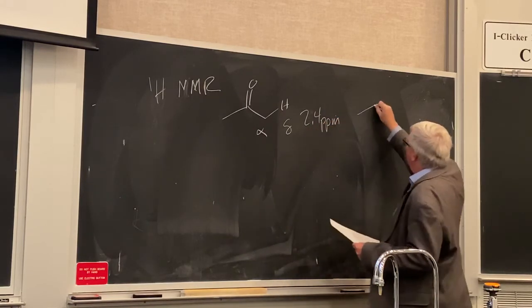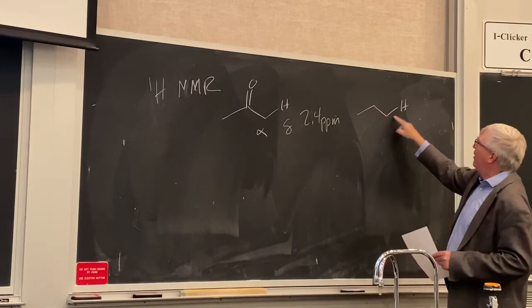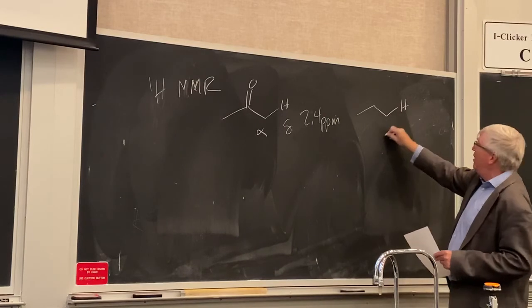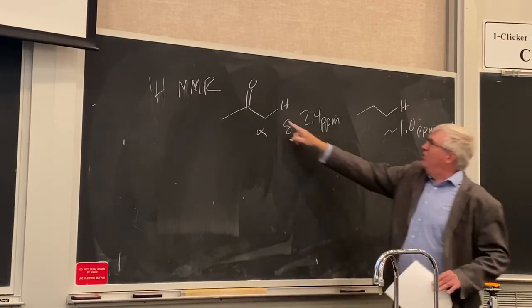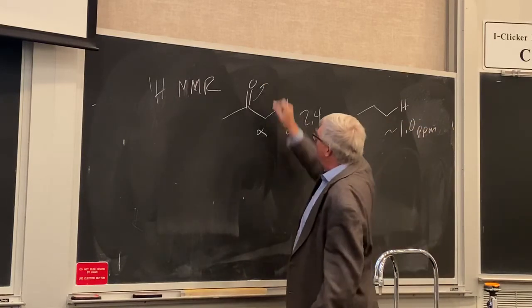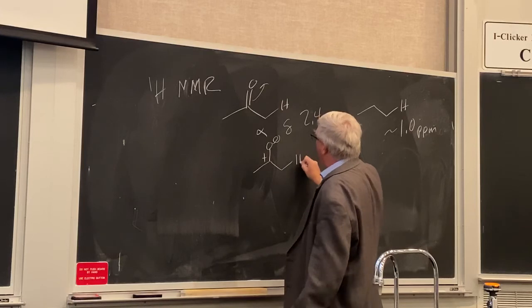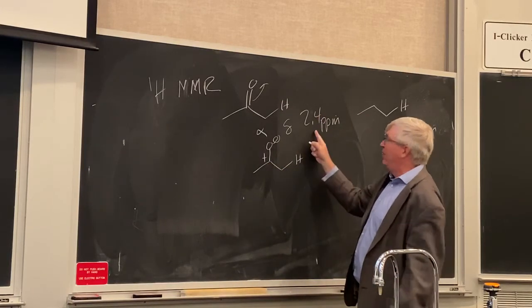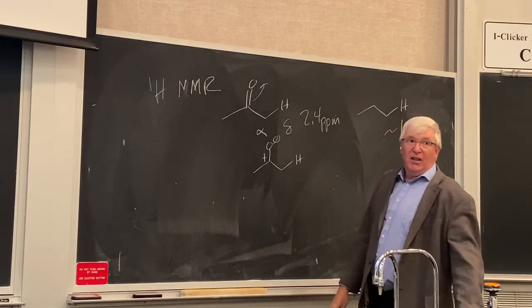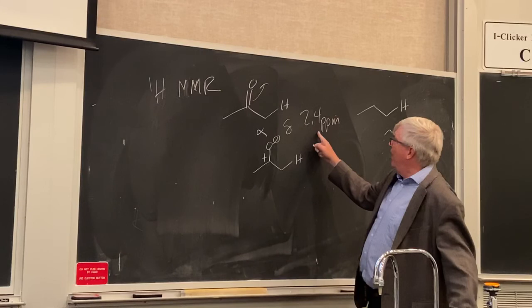And that's different than an alkane here. If you don't have this carbonyl, where do these alkyl hydrogens come? Yeah, they're about 1 ppm, okay? Why is this? Well, they're a little bit closer to this electronegative group with a partial plus charge there, right? And this partial plus charge shifts this to a further downfield position. It's a little bit harder. It takes more energy to do this.